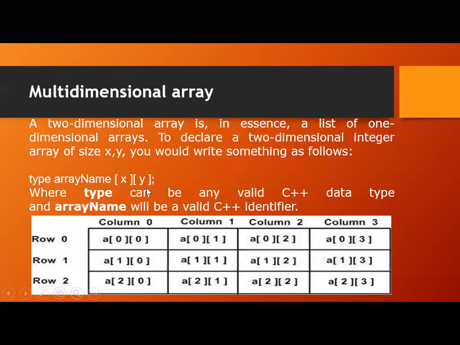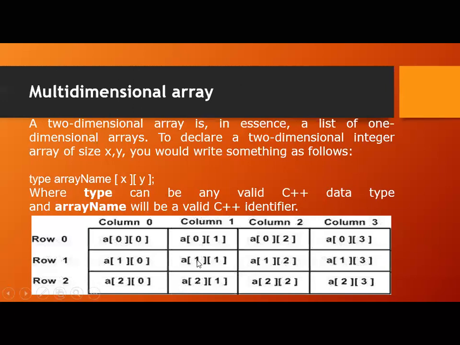The column is represented by Y. So in this case, the amount of columns here is 4, so Y would be 4. So the index would be from 0 to 3. Now, the first element that is right here is going to be 0, 0.